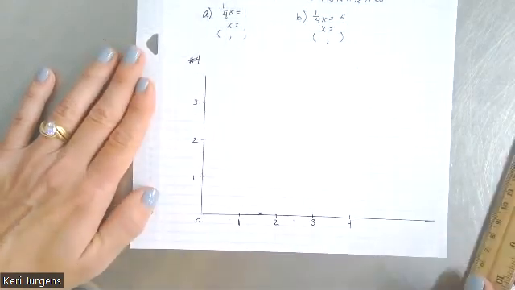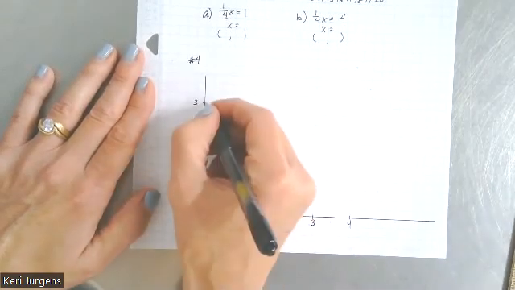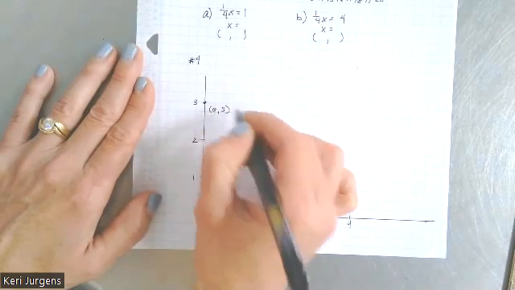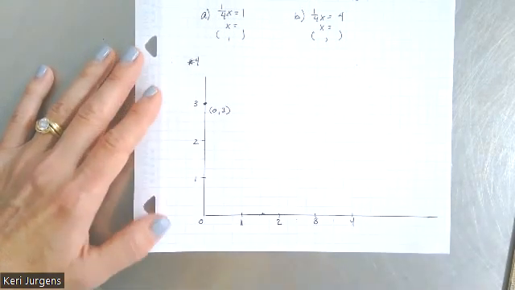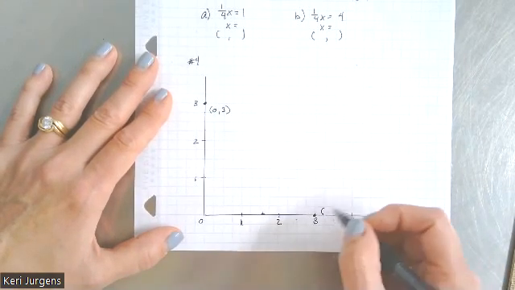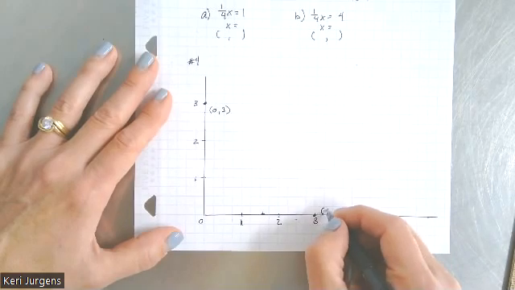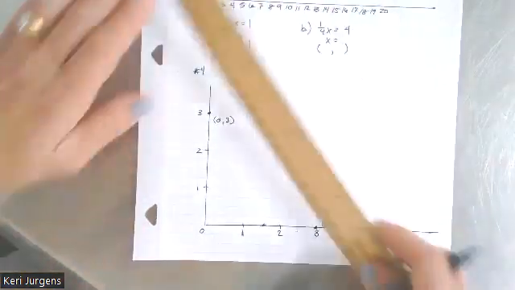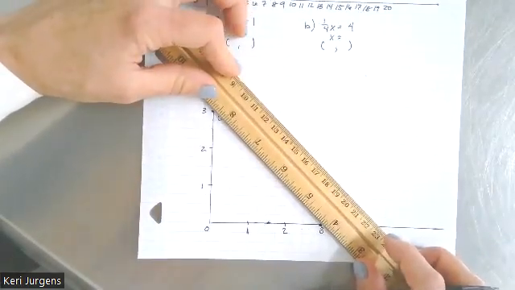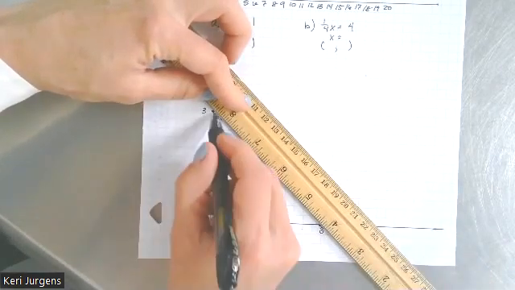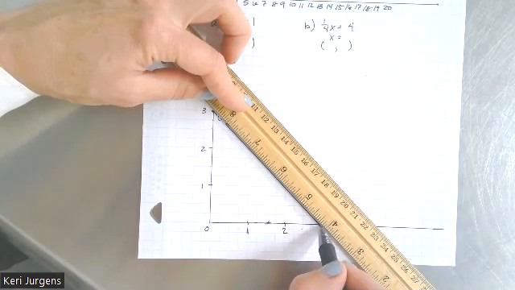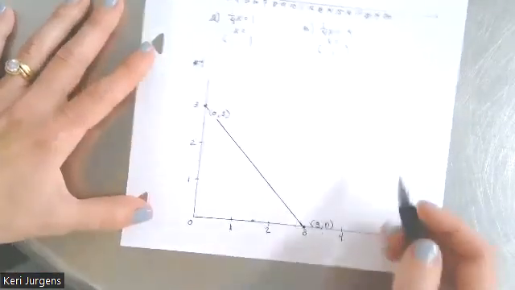Okay. And then let's go ahead and plot this function. Looks like there's a point at x equals 0, y equals 3. And then we'll just take it down here, x equals 3 and y equals 0. I don't think we need 3 points for this one. We can just connect these 2 points. Should be going right through the center of your little graph squares there. Okay, and then you'll do your work over here.